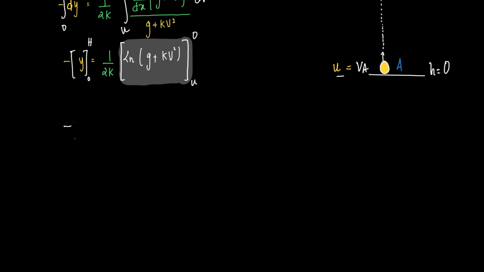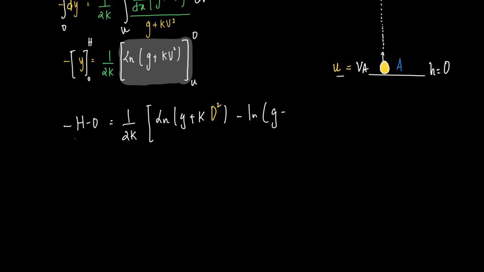So instead of minus y, now I can write minus h minus 0 is equal to 1 by 2k times ln. Now instead of v, we'll have to substitute 0. So this becomes g plus k into 0 square, minus ln of g plus k into, instead of v, we'll now substitute u, which is u square.